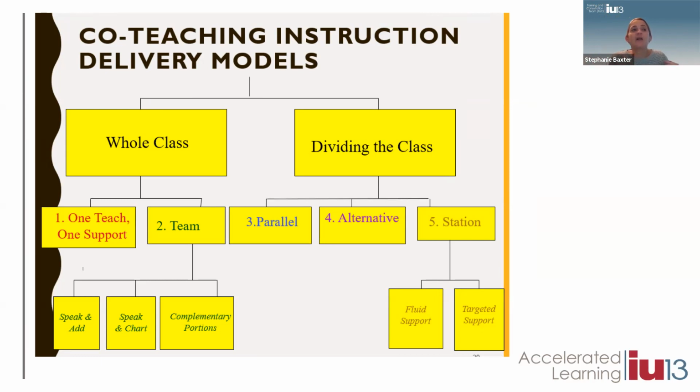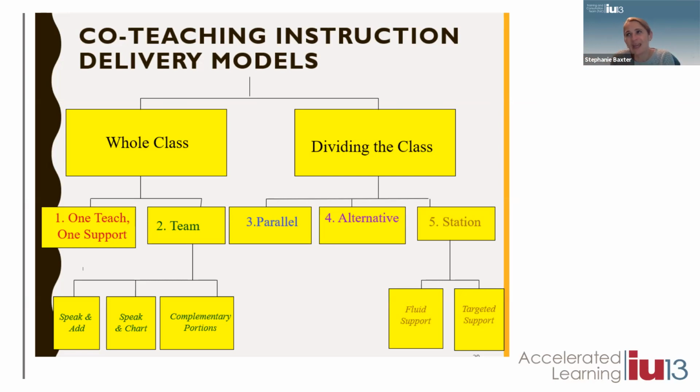And then the dividing class model is going to have the parallel, the alternative, the station. The station teaching could still be kind of even with the rotations, as long as all the students are getting each of the adults who are presenting that instruction. And that could look like either targeted support, which would look a little bit not equal for the students, as far as who's doing what instruction.